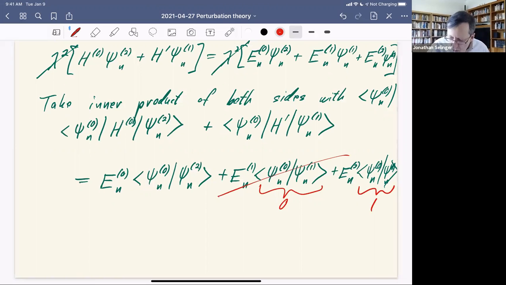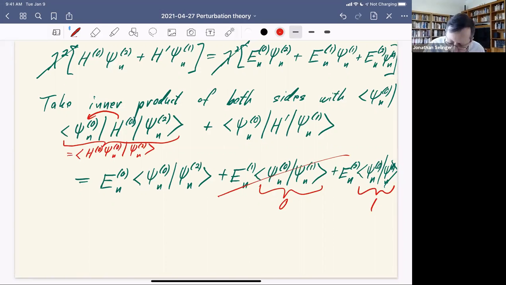Now, what about here in the first term? Let's simplify this thing using one of the same tricks that we used yesterday. We'll let the Hamiltonian act this way because it's Hermitian. So this is equal to the inner product of the old Hamiltonian on the old wave function, inner product with psi 2n.